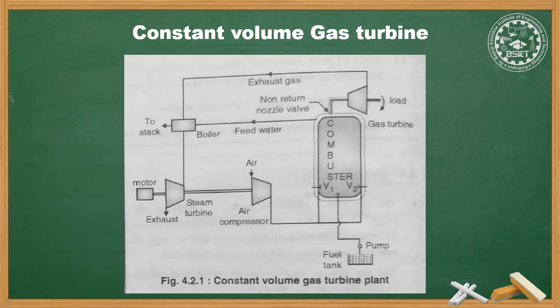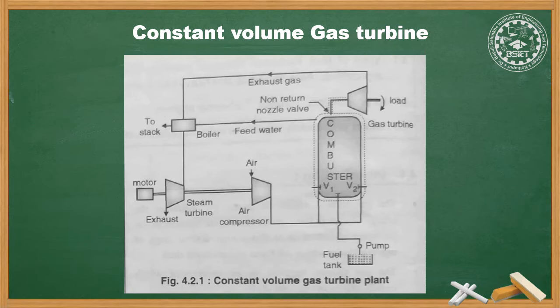The gas turbine causes expansion of exhaust gases in the nozzle and a drop in pressure. So at this stage the heat energy is converted into kinetic energy. The non-return valve closes when the pressure inside the combustion chamber falls.